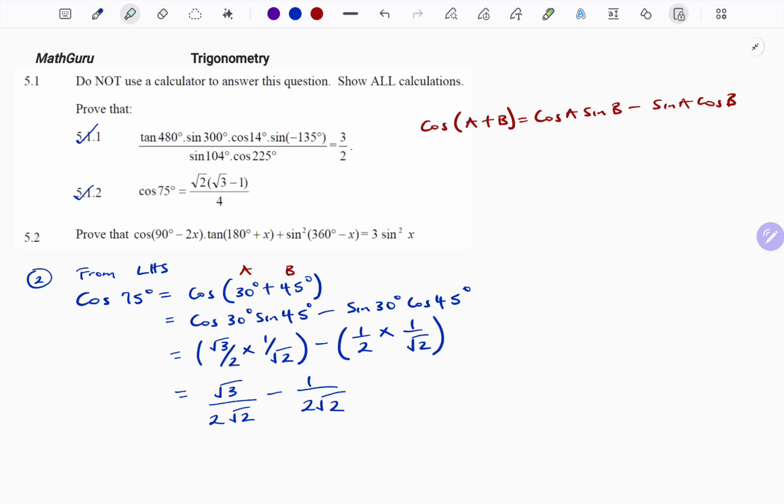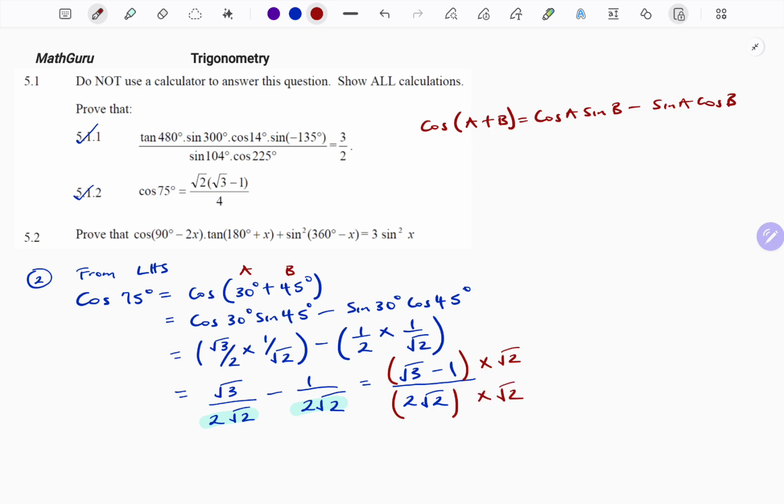Note that when you're adding or subtracting fractions, the denominators must be the same. So I place that under the same denominator. That's 2 root 2. Then at the top, I have root 3 minus 1. Now I have a surd, or my roots, as a denominator. So I'm going to do what I call rationalize. So if I rationalize that, I'm going to multiply the denominator and the numerator by root 2.